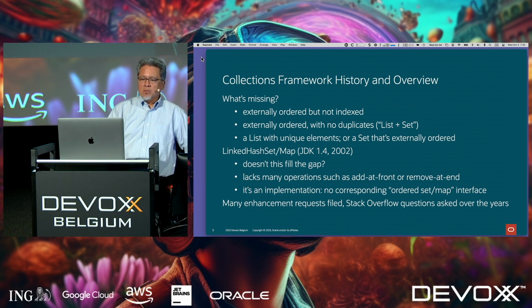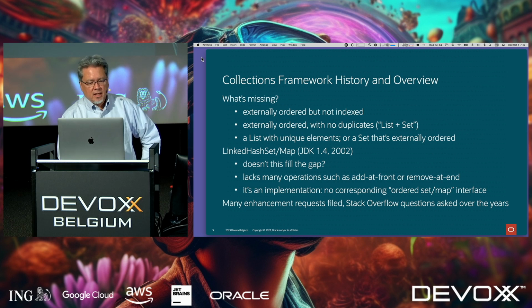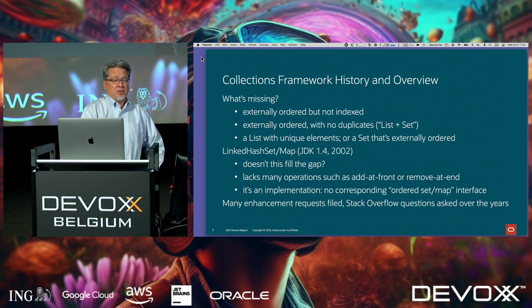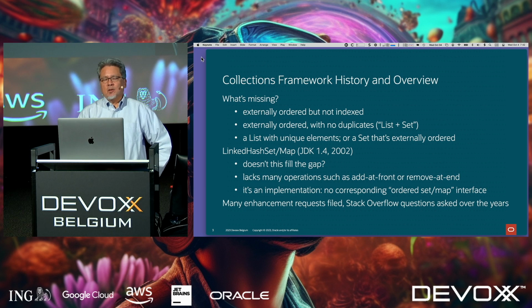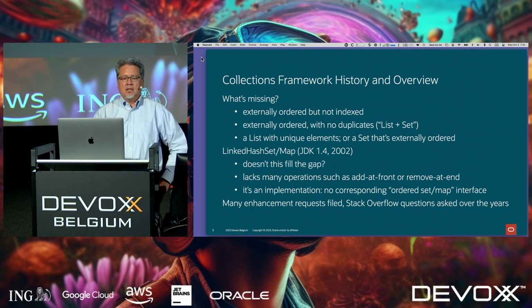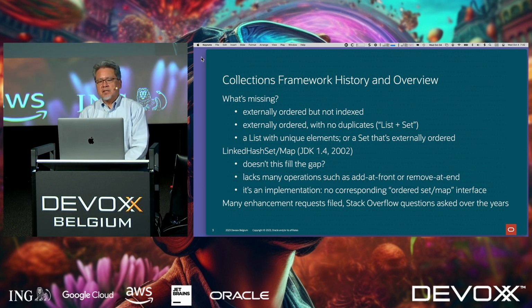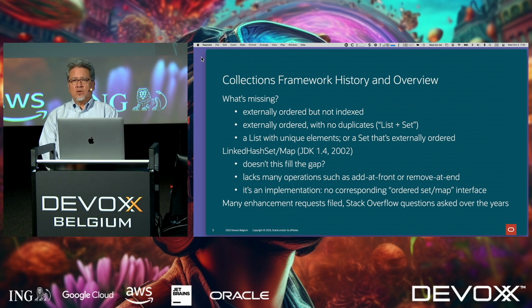So in JDK 1.4, which was in 2002, which is still a pretty long time ago, LinkedHashSet and LinkedHashMap were added. And that helped with this some, but it wasn't really a complete solution. So LinkedHashSet is a set, and it's sort of externally ordered because what LinkedHashSet did and still does is maintain the insertion order.